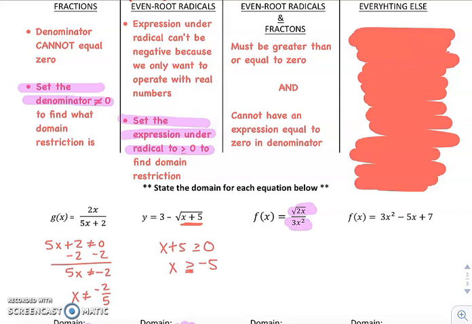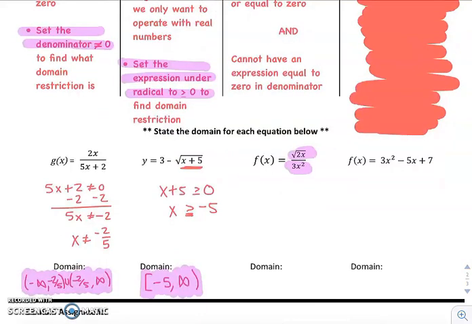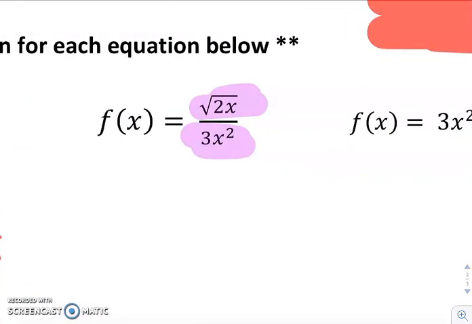So if we look at this, 3x squared can't be equal to 0. So you would divide by 3, get 0, take the square root.